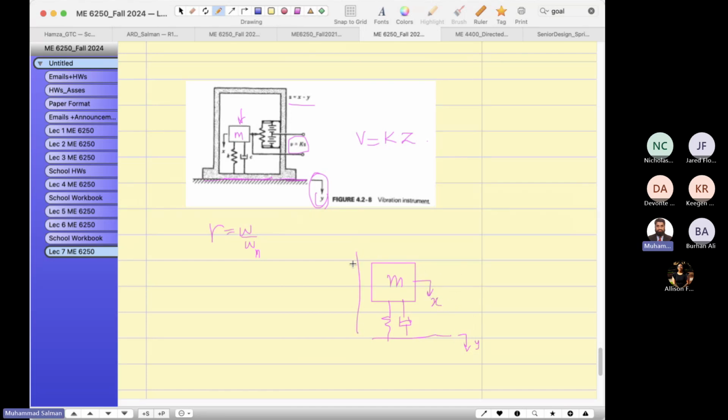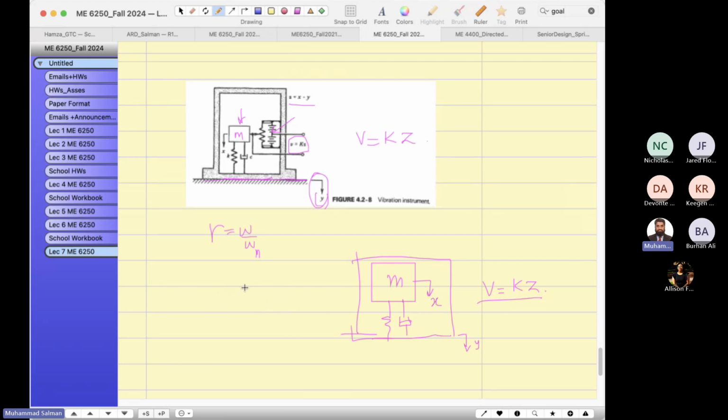And the total instrument is some kind of potentiometer where the voltage is directly proportional to the displacement. So how would you model this mathematically?